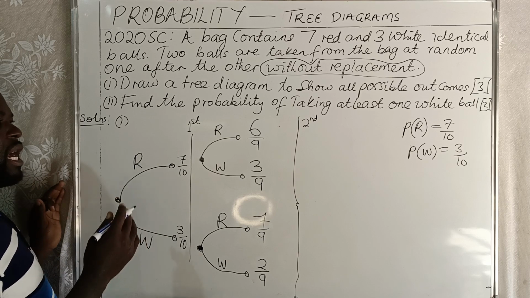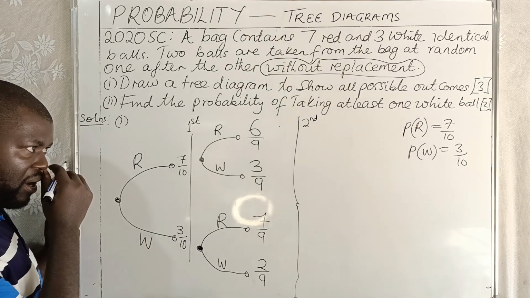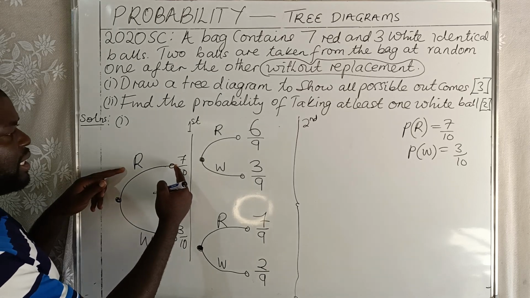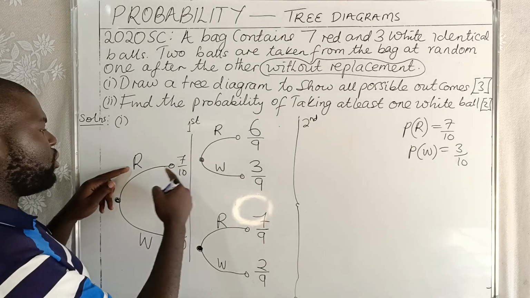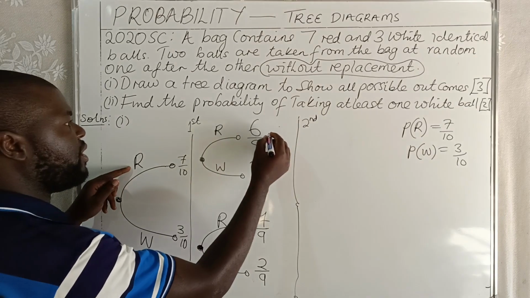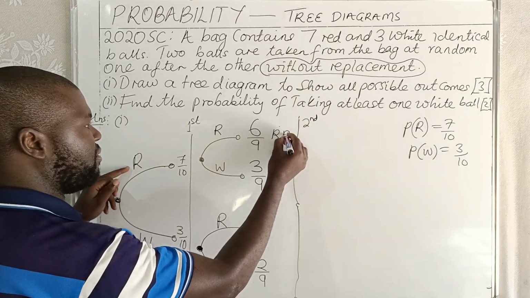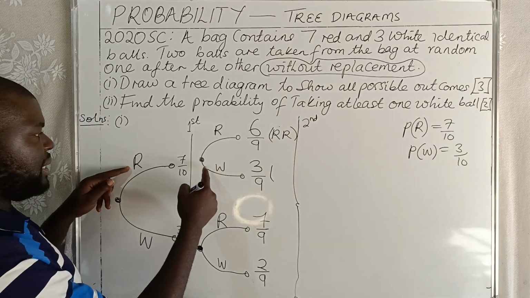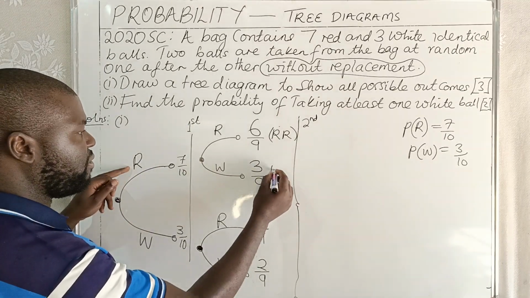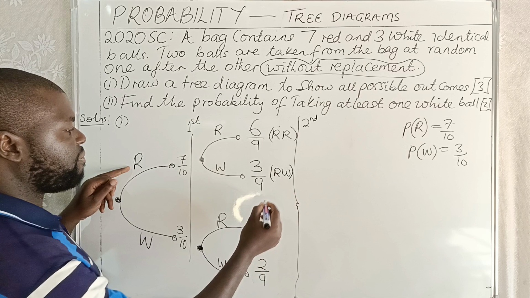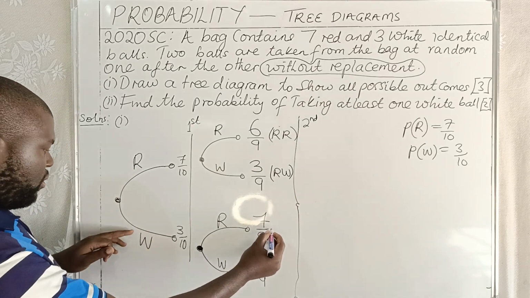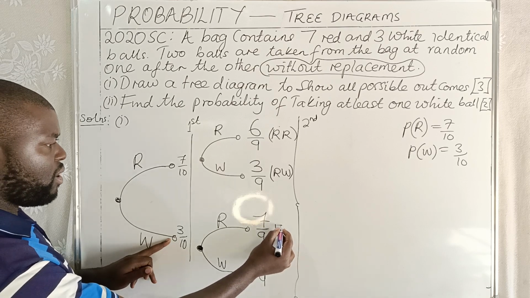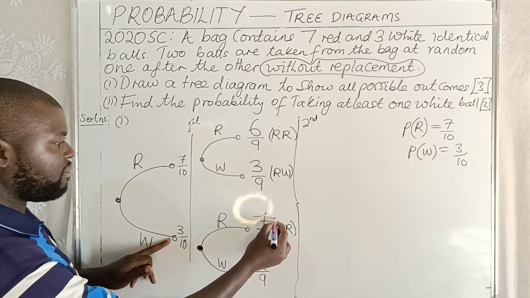Okay, so now coming to the possible outcomes. This is red, and from red we have these branches. So red, when we go here we have red, red. When we go to here we have red, white. We have white here, and when we come here we have red, so we have white, red.